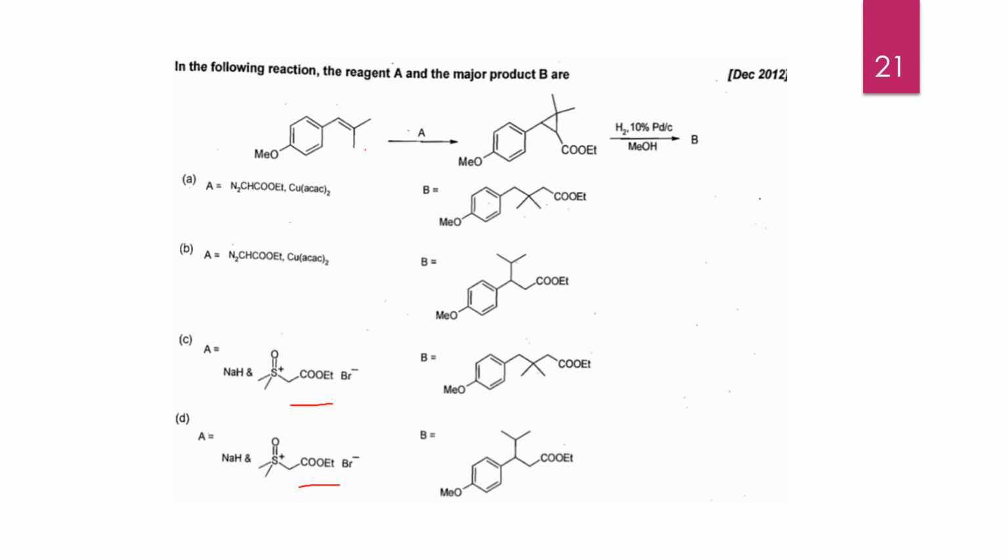So what happens? When this type of sulfoxide, this is the sulfur and oxygen, is there, this is called sulfoxonium. When this type of sulfoxonium reagent we use, if there is an alpha beta unsaturated double bond, it will form cyclopropane.